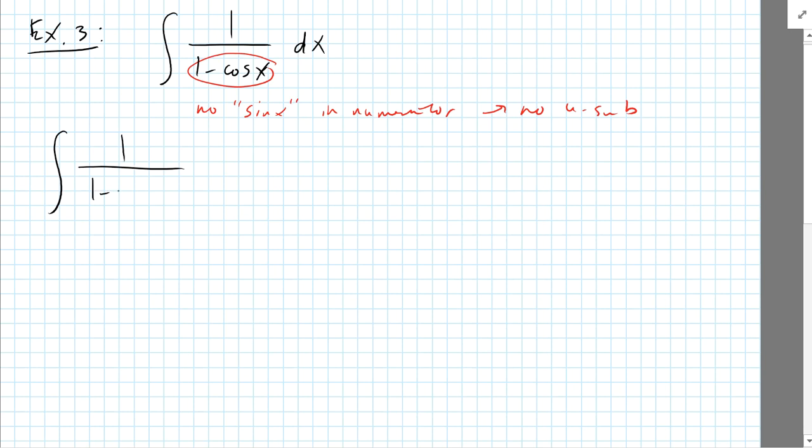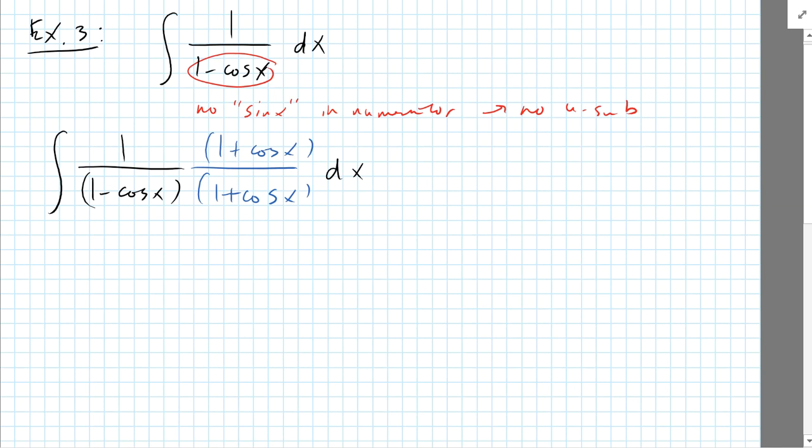So this is 1 minus cosine of x, and its conjugate is 1 plus cosine of x. And if we multiply by 1 in the form of 1 plus cosine of x, then we're going to clear out our problem in the denominator.